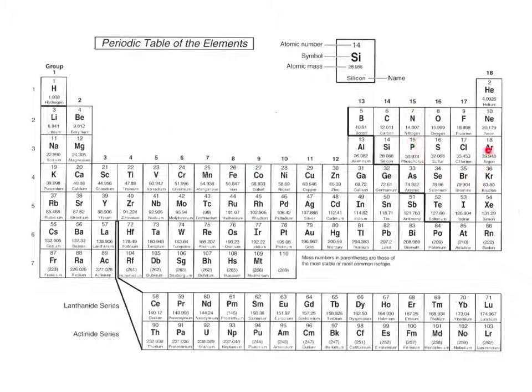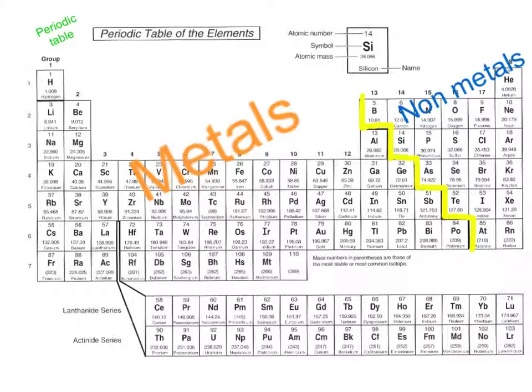Whatever is located to the right is going to be considered non-metal. But there is one exception. So we have anything to the left is going to be a metal, almost anything, and everything to the right is going to be a non-metal. I said we had one exception.